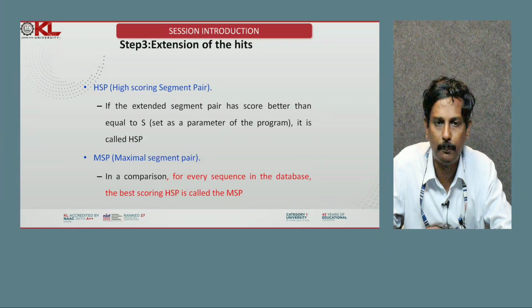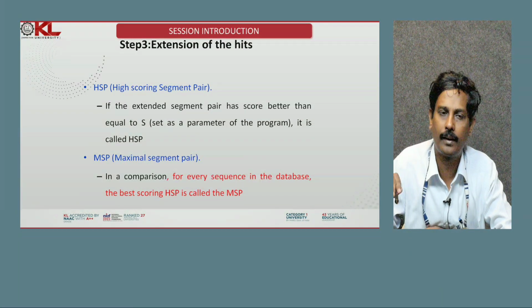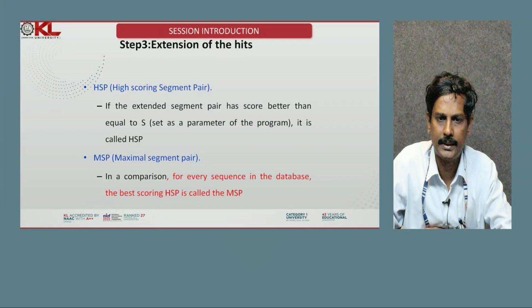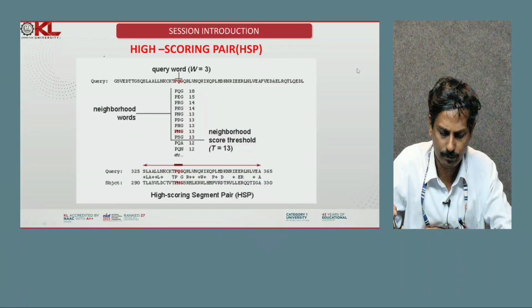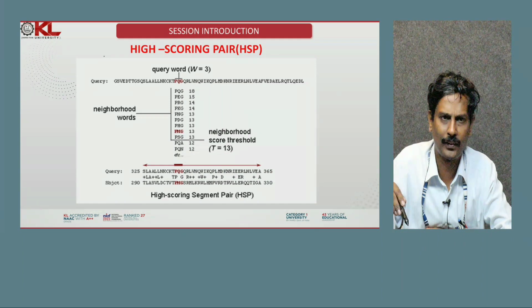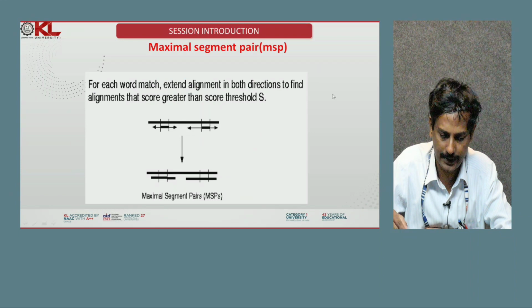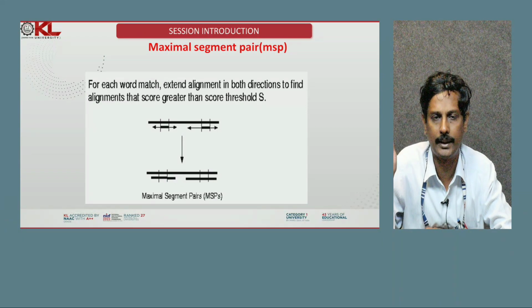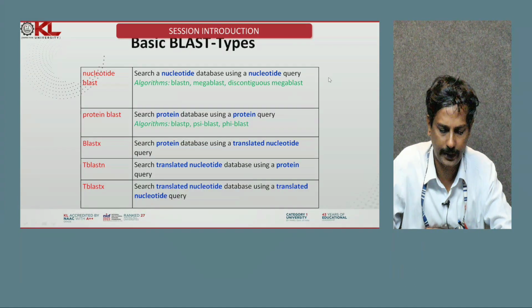You compare every sequence in the database, and the best scoring high scoring segment pair is called the maximal segment pair. This is the procedure for high scoring pair calculation. For each word match, extend the alignment in both directions to find alignments that score greater than the score threshold S.